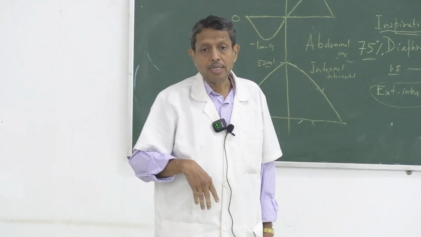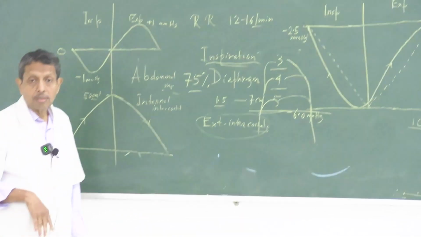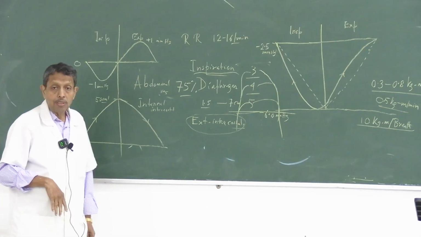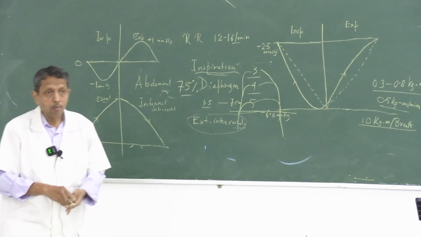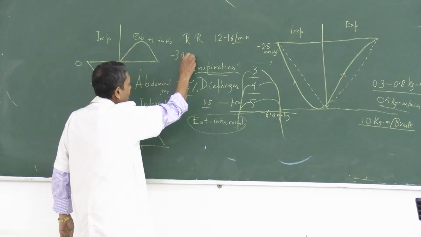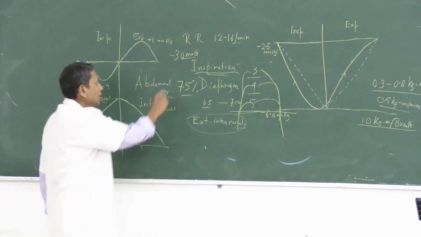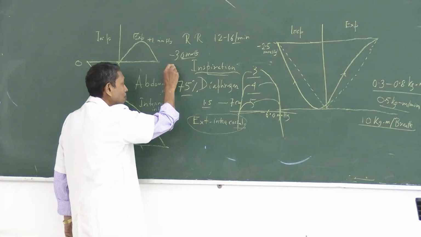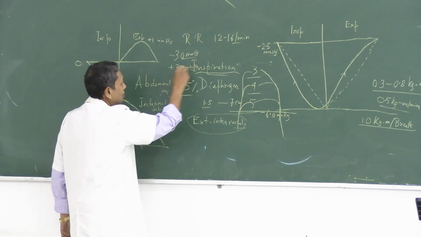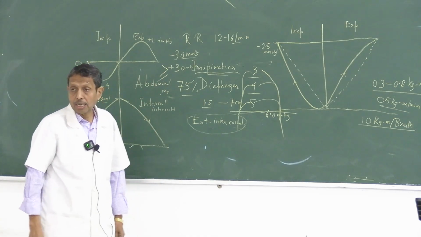It is the opposite effect of the diaphragm and external intercostal, and much force can be generated. During deep inspiration, the interpleural pressure may go down to minus 30 millimeter mercury. In forceful expiration, it can be even more than 30 millimeter of mercury.